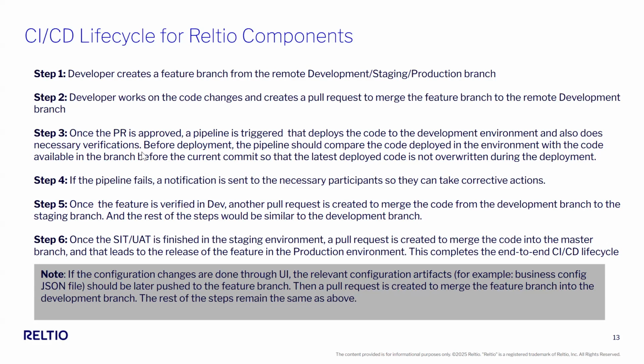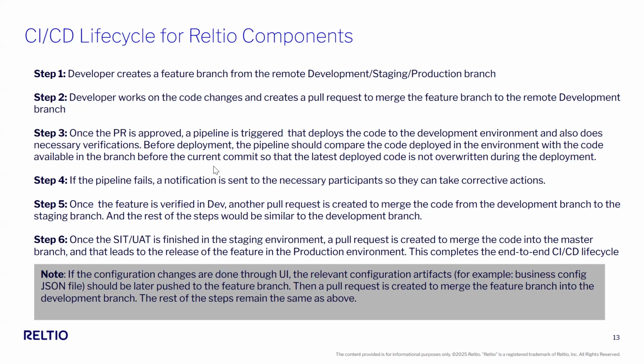Before the deployment, the pipeline should compare the code which is already deployed in the environment, right? Let's say you're deploying a business configuration or L3 configuration, right? So before even deploying the new configuration, it should compare the deployed code with the code available in the branch before the current commit, right?